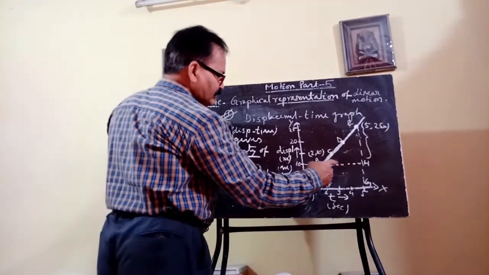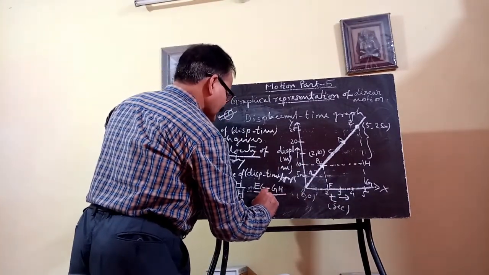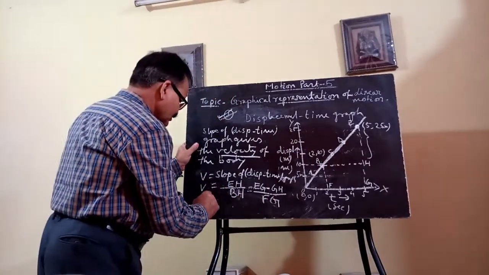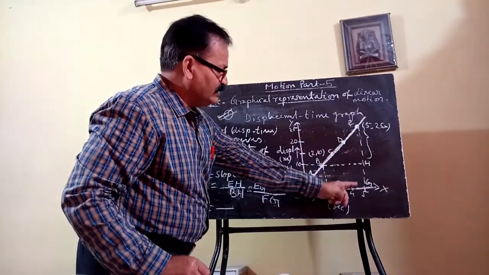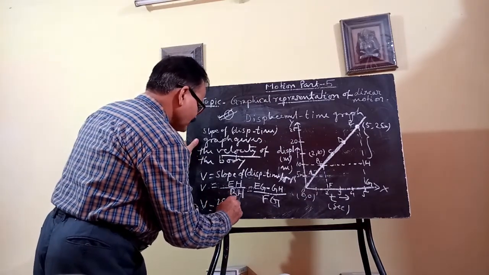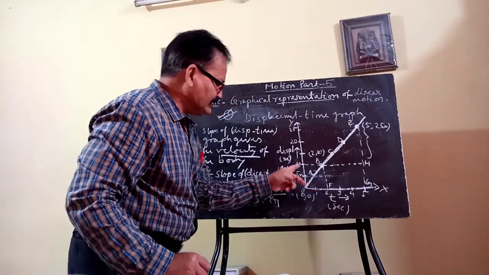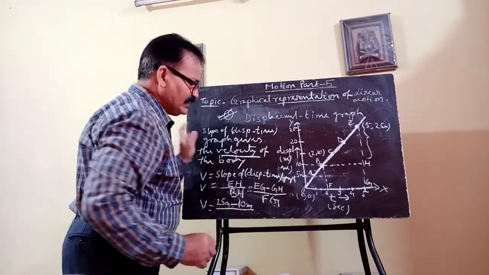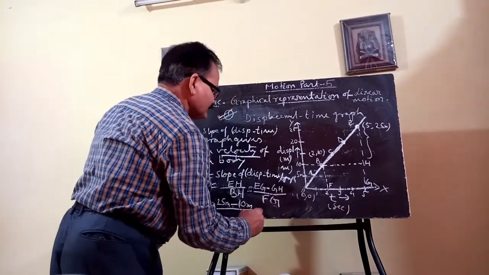Similarly BH can be written as your FG. Okay. So V equal to, you see EG is your 25 meter minus HG, which is your 10 meter, and this FG means OG minus OF.